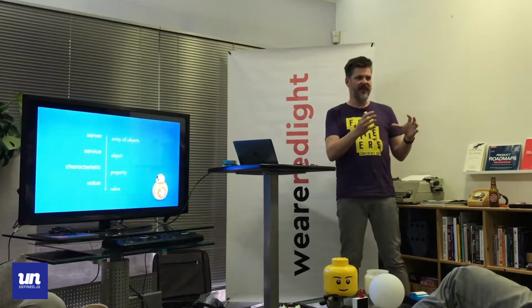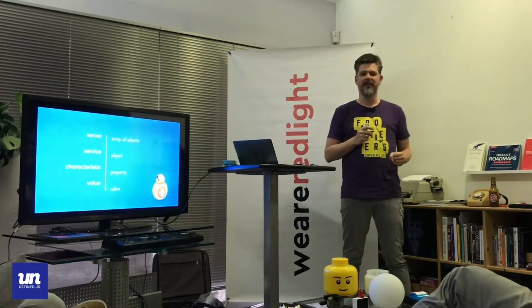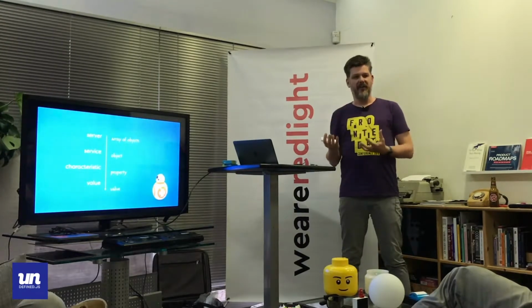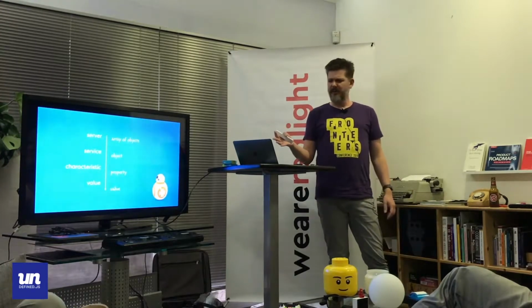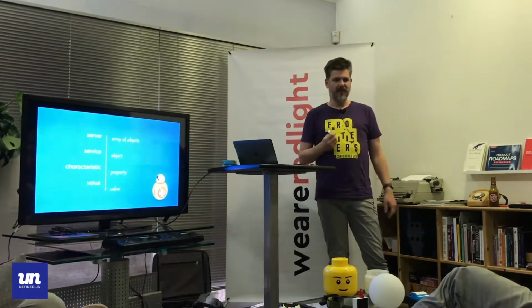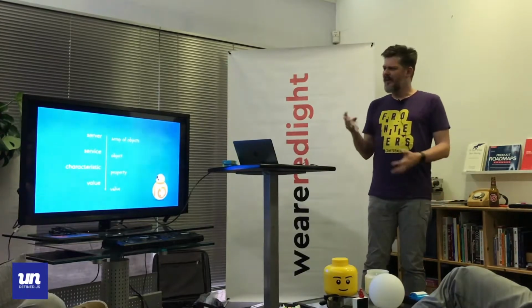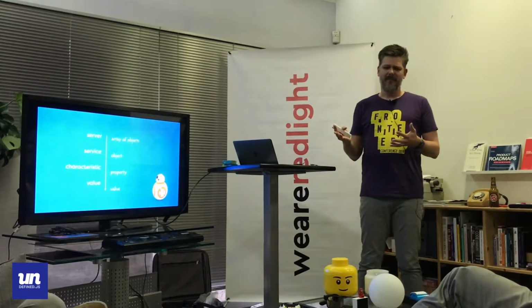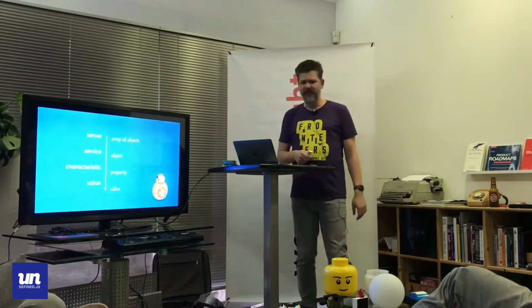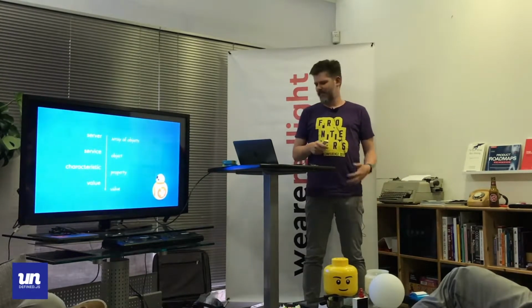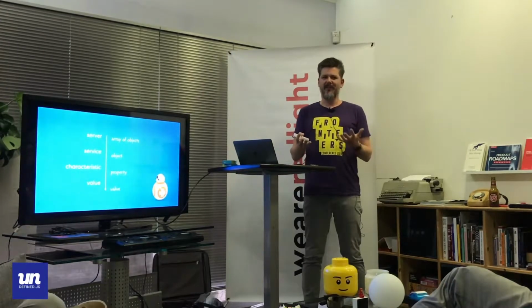A characteristic is a property of that object, and they have a value. So this is more what we're used to: arrays, objects, properties, and values. It's kind of the same thing, just different words for basically similar things.